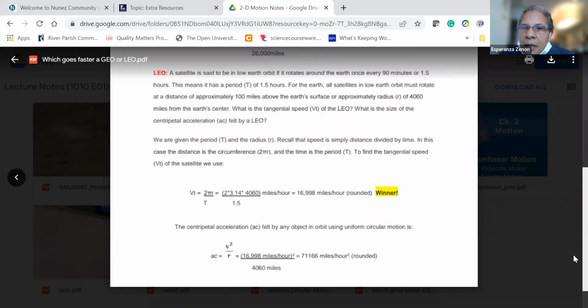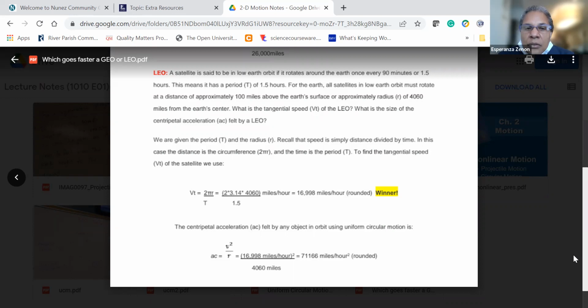Okay. But notice what I did. I took the parameters relevant for each satellite, and I used them in those two formulas that we looked at on Tuesday. One to get the speed, the other to use the speed to get the acceleration. Okay. And that's the kind of thing I would expect you to be able to do regarding orbit motion.